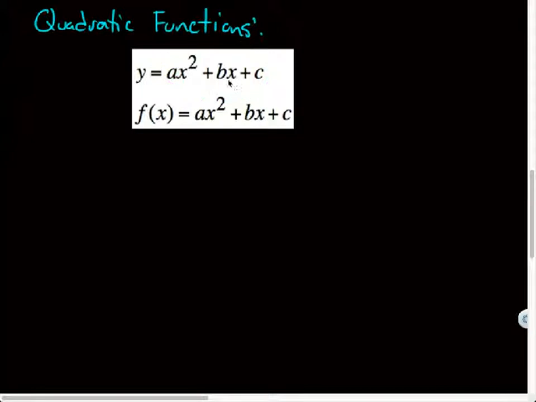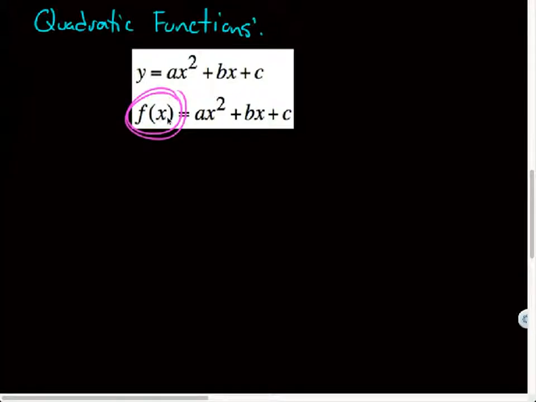But this is often how we'll have it set up, right, highest exponent to lowest, 2, 1, 0. It's quadratic specifically because the highest degree is 2, and A, B, and C are the same A, B, and C that maybe you've used with the quadratic formula before. Now, I also might write it in this format. Has anyone ever seen this before?